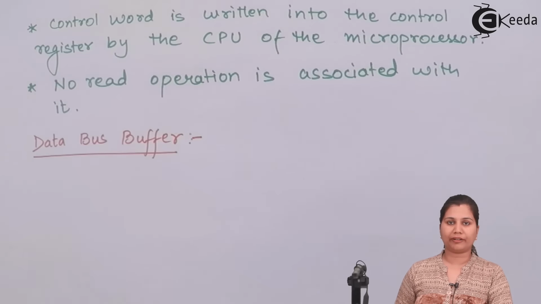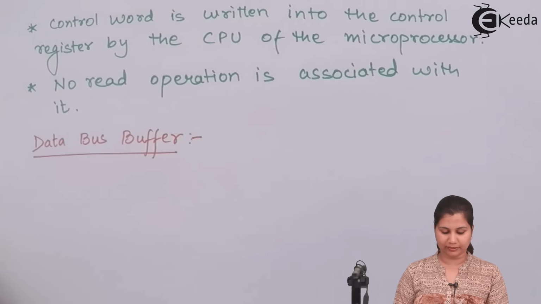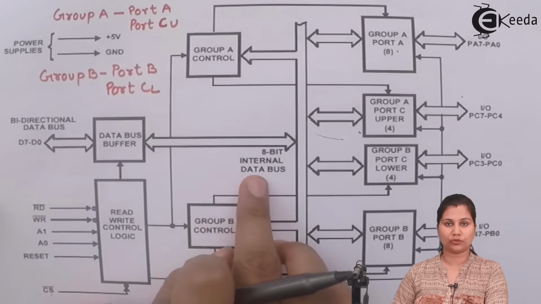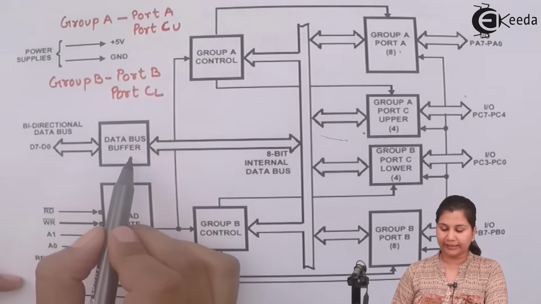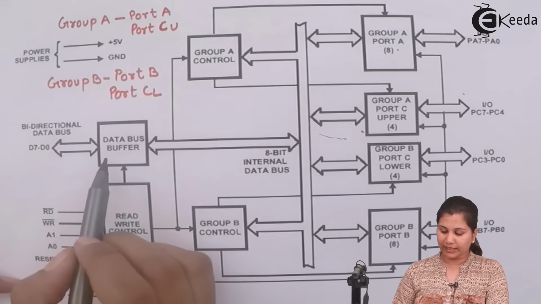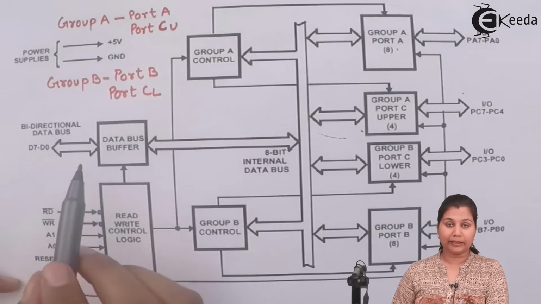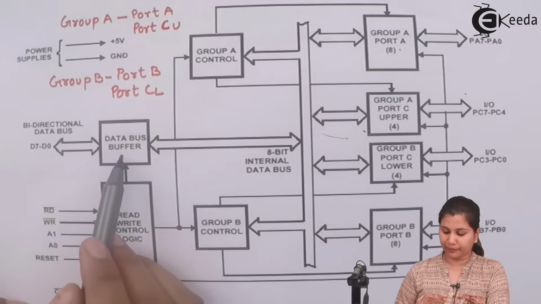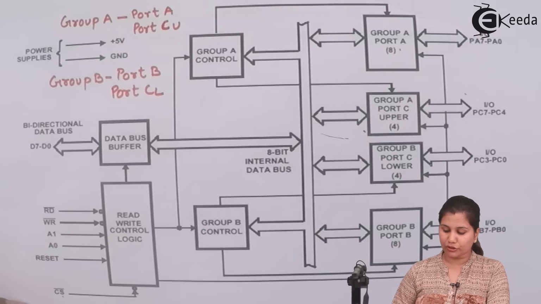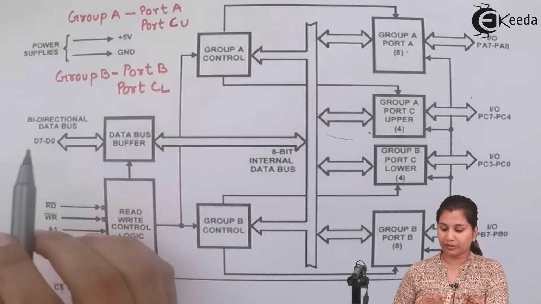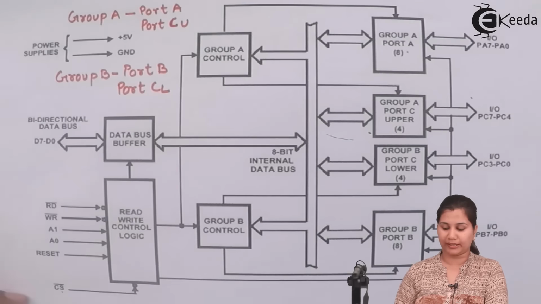The 8255 has an internal 8-bit data bus, and with this internal data bus it has the data bus buffer. This data bus buffer is an 8-bit bidirectional, tri-state buffer which is used to communicate with the data bus of the microprocessor.